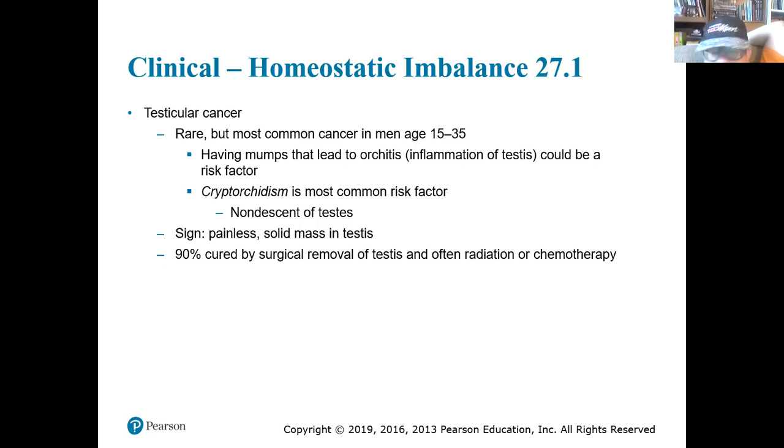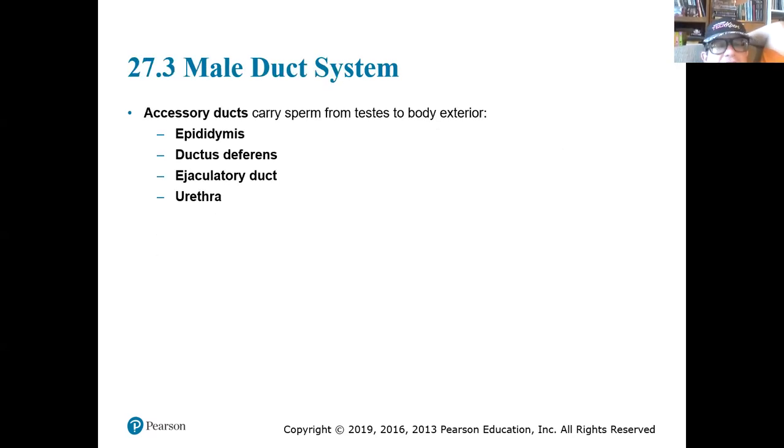Anyway, let's move on. So the accessory ducts, the ones we're about to talk about: the epididymis where sperm grow up, the ductus deferens, also called vas deferens, which is the tube that carries the ejaculated sperm up towards the bladder, the ejaculatory duct that goes through the prostate, and the urethra that also goes through the prostate.